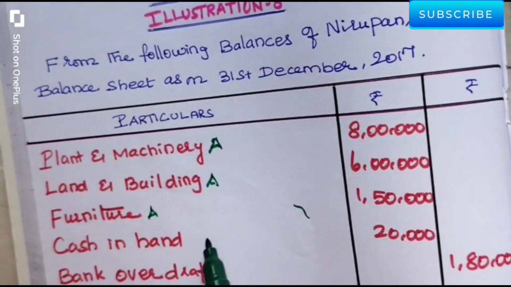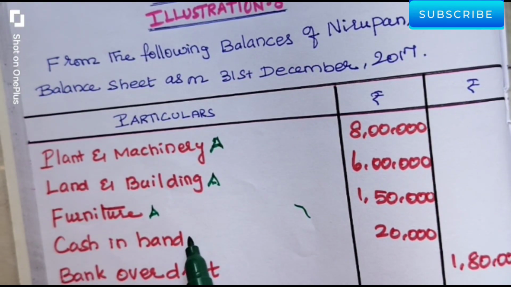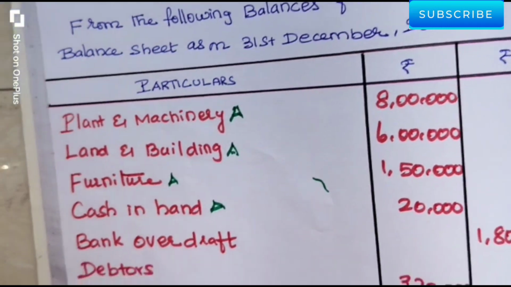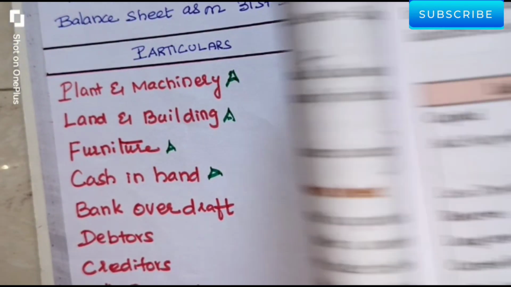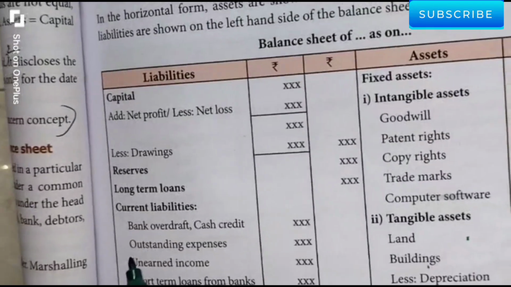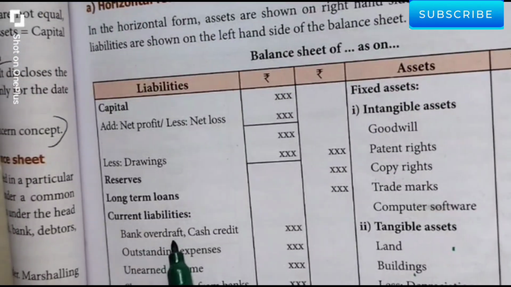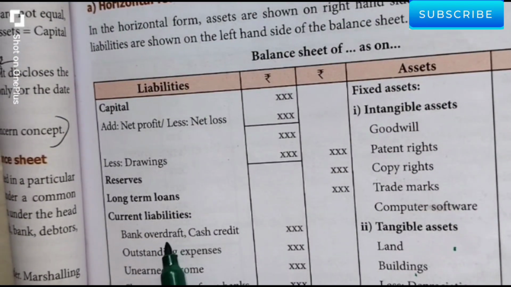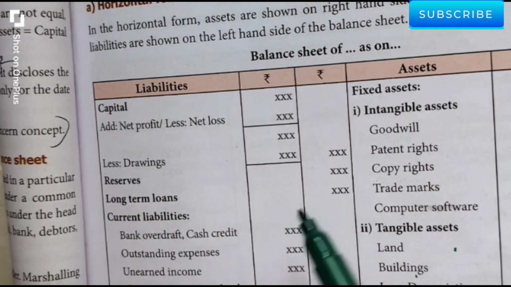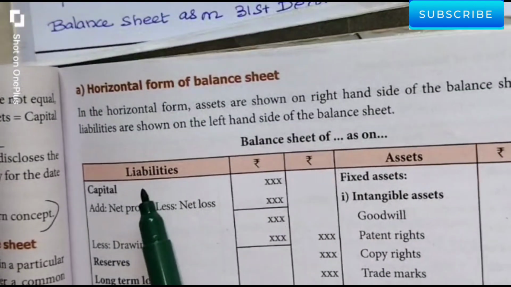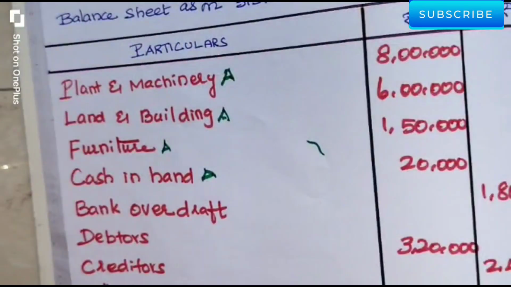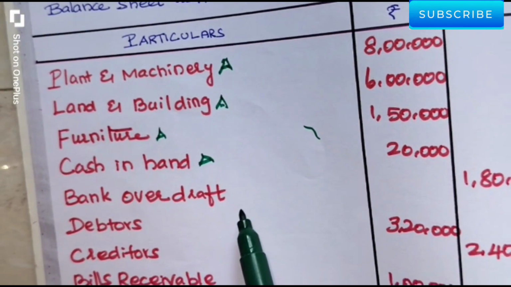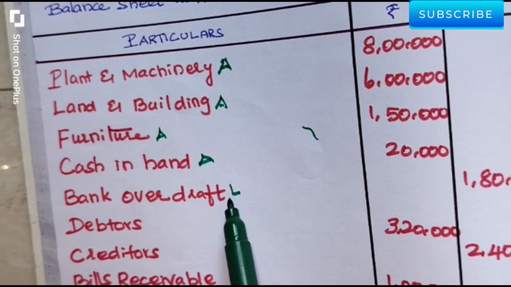So you have to give the letter A for cash in hand, that means asset side. Bank overdraft. Bank overdraft is a kind of loan you borrowed from bank. So bank overdraft comes under the heading of liabilities. So you have to enter the letter L, meaning liability.